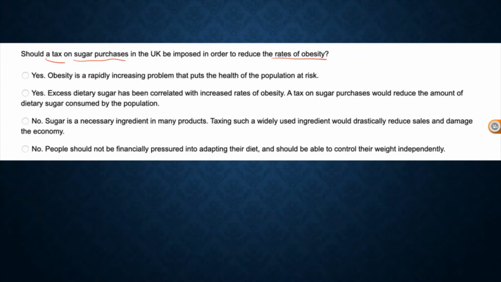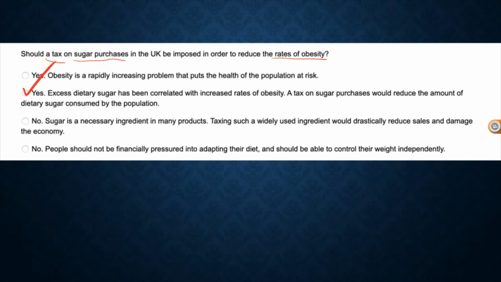No, sugar is a necessary ingredient in many products. Taxing such a widely used ingredient would drastically reduce sales and damage the economy. No, people should not be financially pressured into adapting their diet and should be able to control their weight independently. So have a go at this question, pause, and I will go through it in a minute.